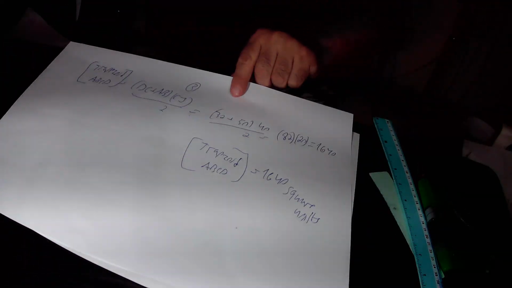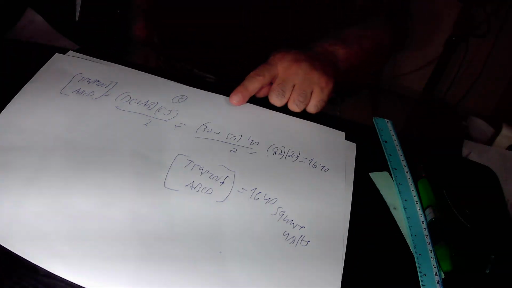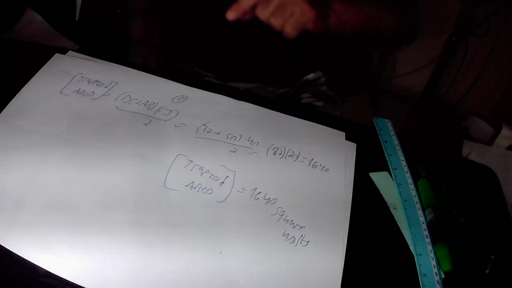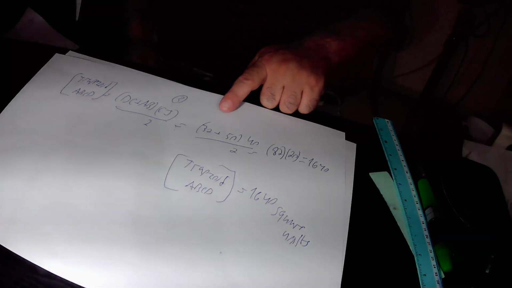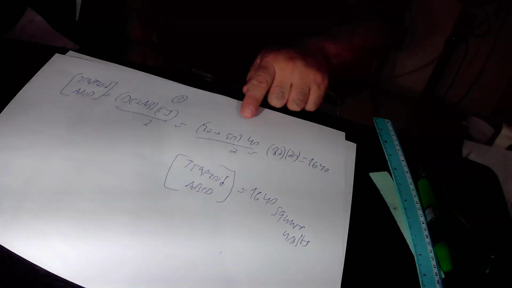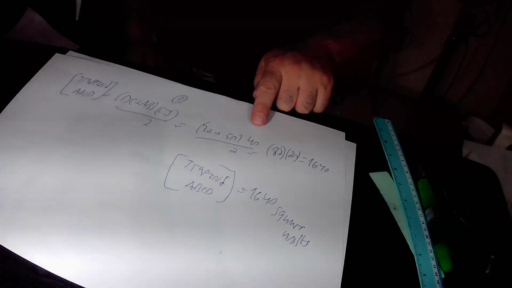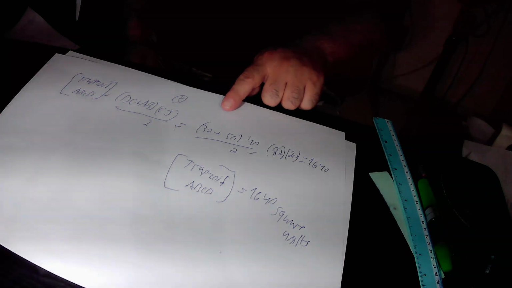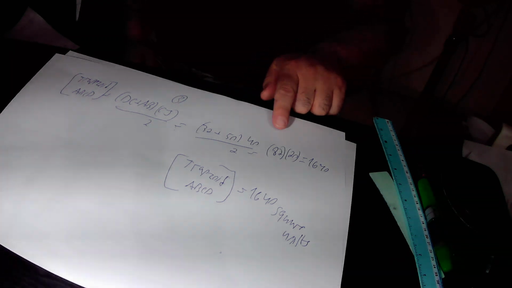So in total, the area of trapezoid ABCD equals the sum of the two parallel bases, DC is 32 and AB is 50, times the height CJ, that is 40, over 2. 32 plus 50 is 82.